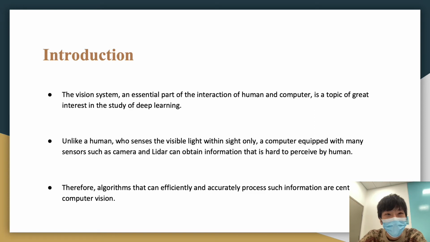Therefore, algorithms that can efficiently and accurately process such information are central to computer vision. In this paper, we will introduce important topics in the field of computer vision algorithms, such as image segmentation and object detection, and elaborate a deep learning-based model for each topic.